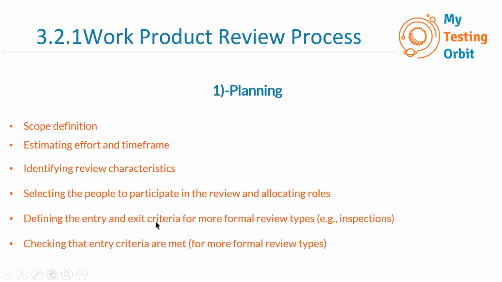So that can be part of exit criteria. This is just an example, but in this case, it's the entry and exit criteria for more formal review types. The last one is checking that entry criteria are met for more formal review types. So as we said, over here it's defining, and over here it's checking that the criteria have been met.